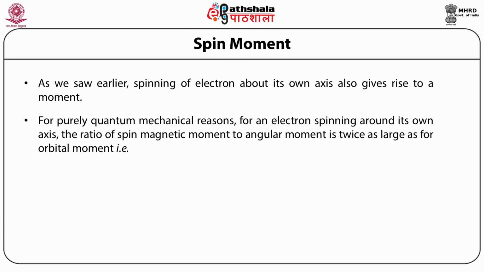That is, the spin moment, mu spin or mu s, is equal to minus e by m multiplied by j spin.